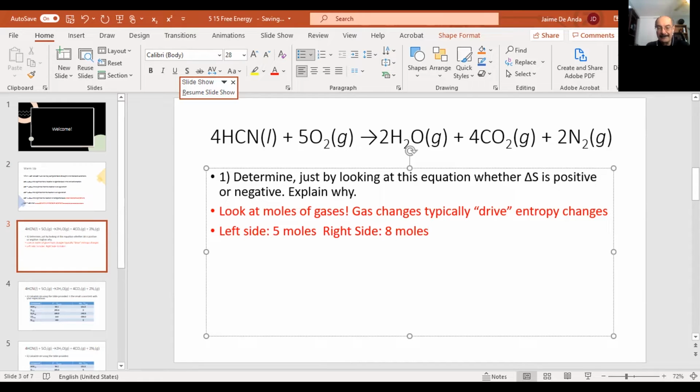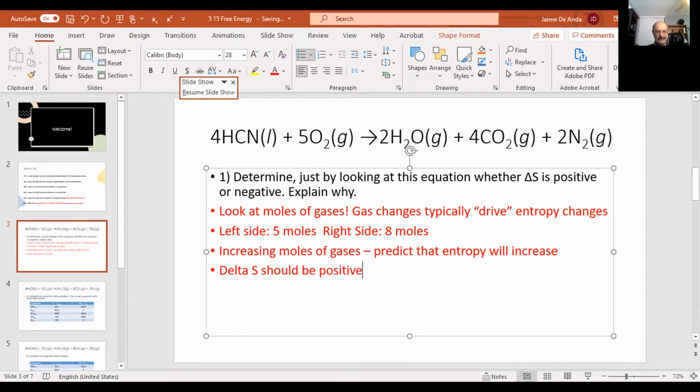So since you are increasing the number of moles of gas, you predict that the entropy will increase. In other words, delta S should be positive. See? So that's one of the things you look for.